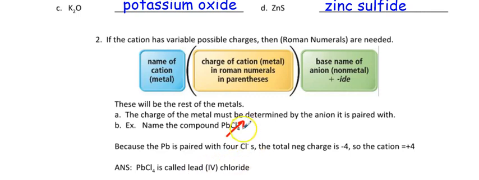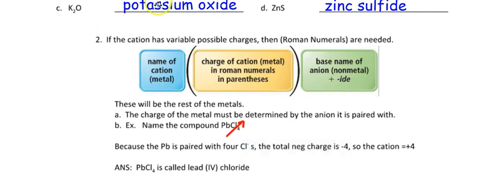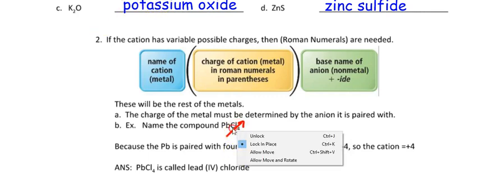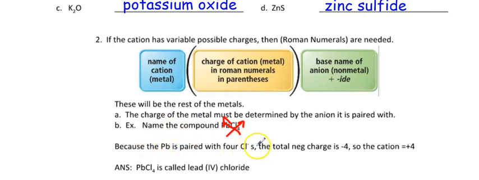If that's a yes, then 4, go the opposite again, and so 4 is the charge of the lead. So 4 is the charge of lead. Because lead is paired with 4 chlorines, the total negative charge is -4, so your cation is +4. Therefore, it's called lead, Roman numeral 4, chloride.